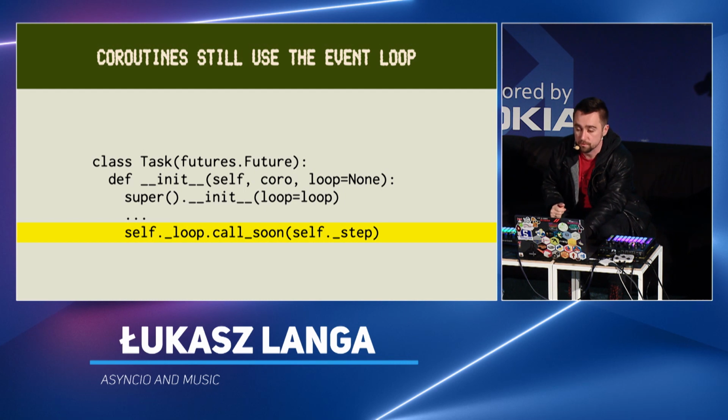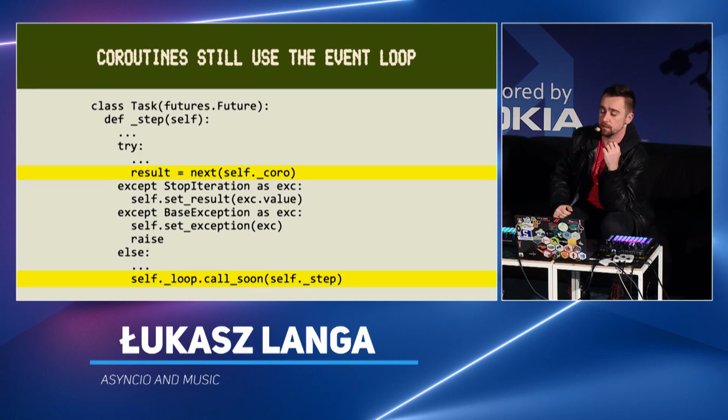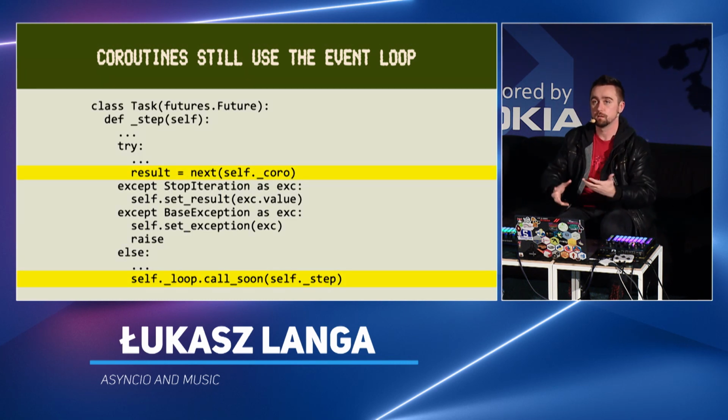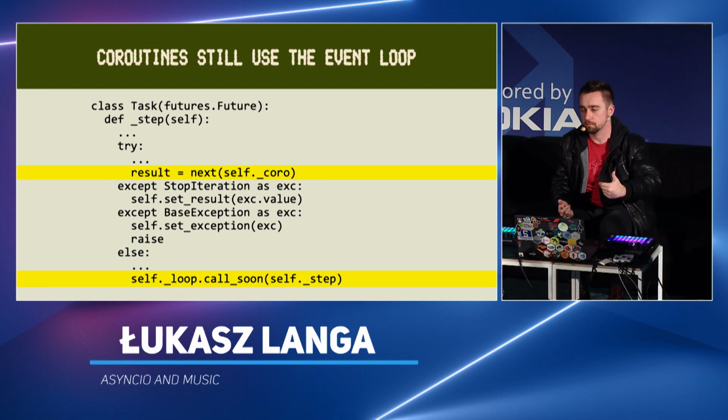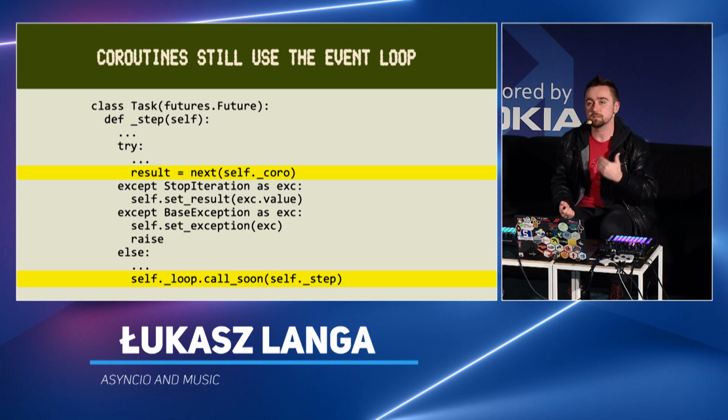Again, we can look in the source code, and what we're going to see is that essentially it is running a generator until the next iteration of it, and it's doing so as long as there is no result or exception. And it's just registering itself again after running at the back of the loop.